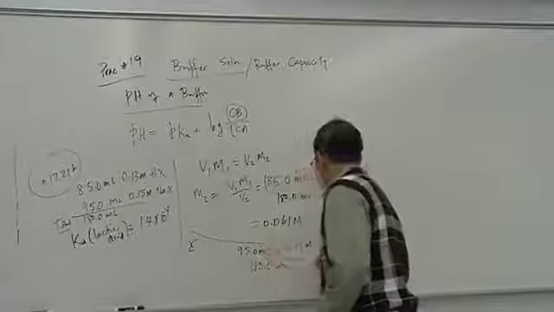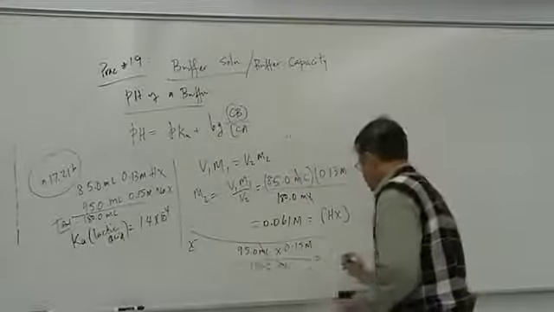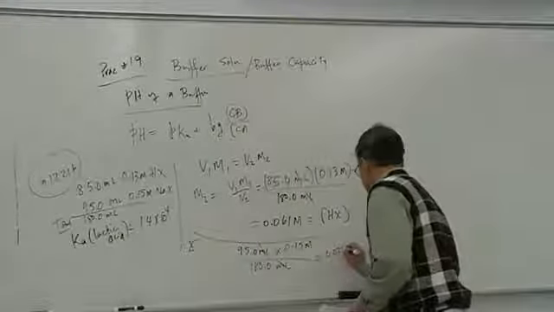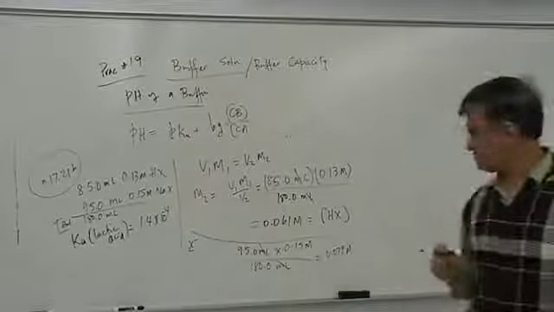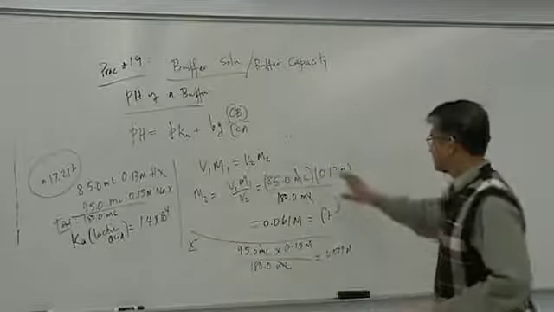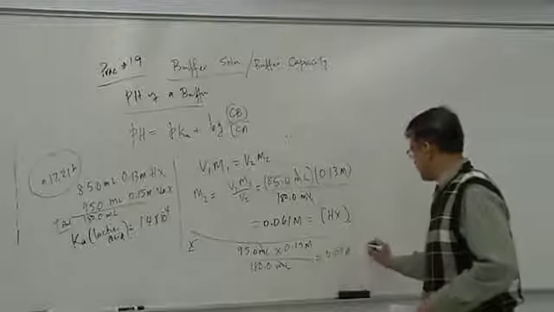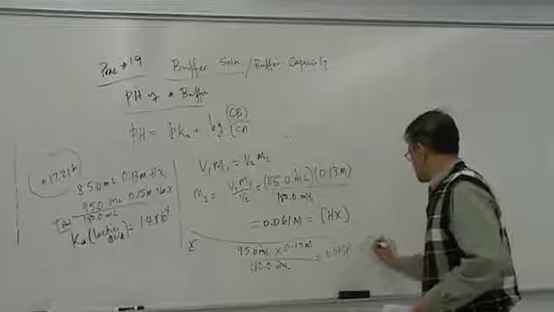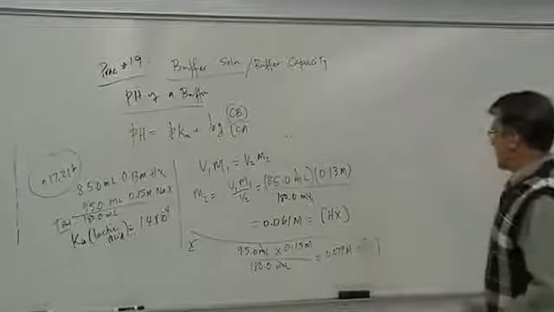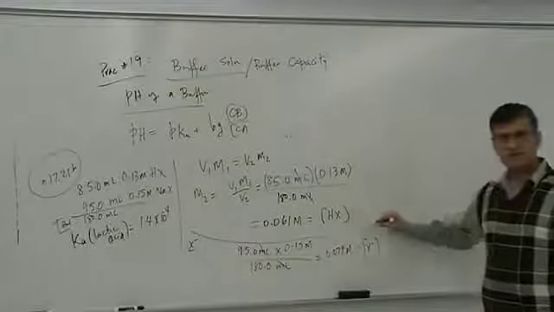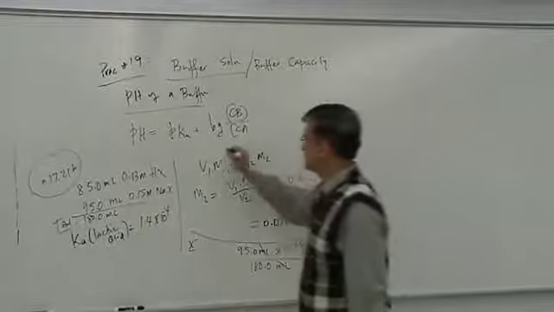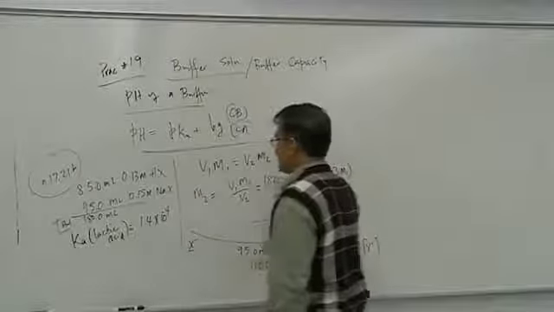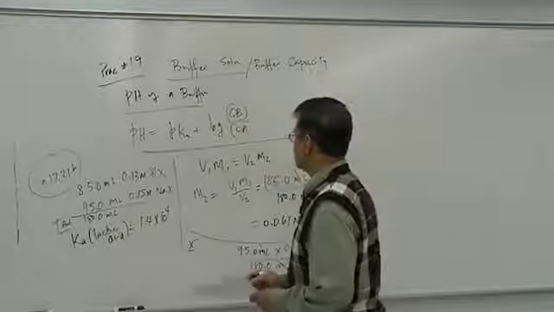The ml cancel out. This gives you 0.079. So whenever two such solutions are mixed together, make sure you first figure out the concentration. This is the X minus concentration. So I know the weak acid concentration and its conjugate base concentration. I can just plug into this expression and calculate the pH.